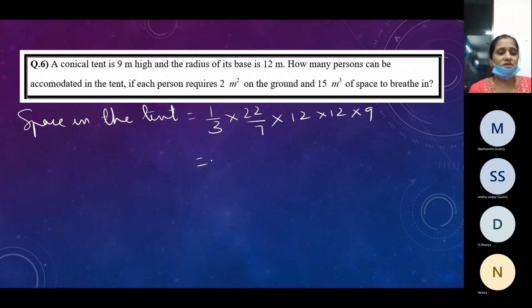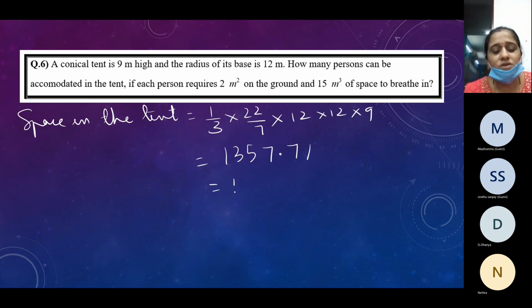All right, so I'm using the calculator. I think I'm right. I'll just do it again. 22 into 144 into 9 divided by 21. I'm getting 1357.71.